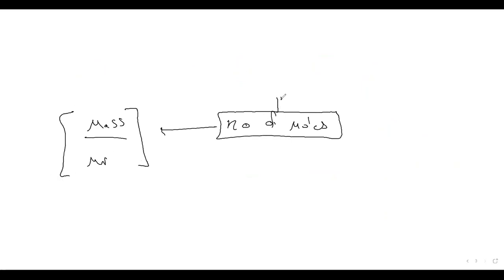In case of molecules, number of molecules over Avogadro's number, 6.02 times 10 power 23. Of course, this is the original number. Sometimes it is rounded and written as 6.0 times 10 power 23, so as it is written. But as a number, it is 6.02. Okay, in case of molecules.